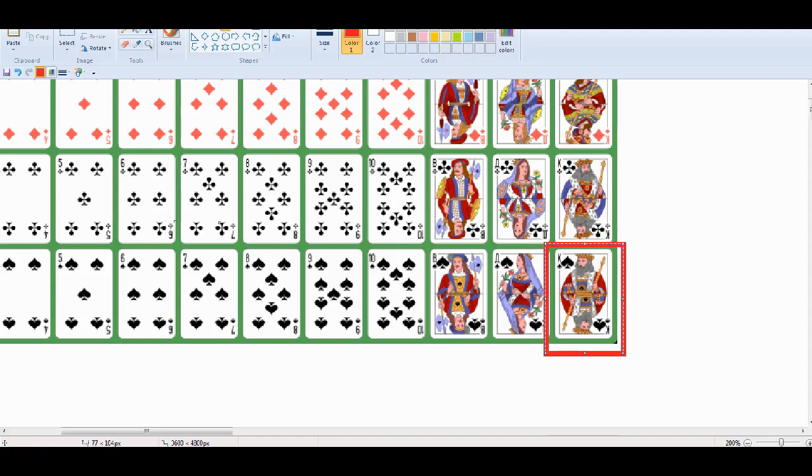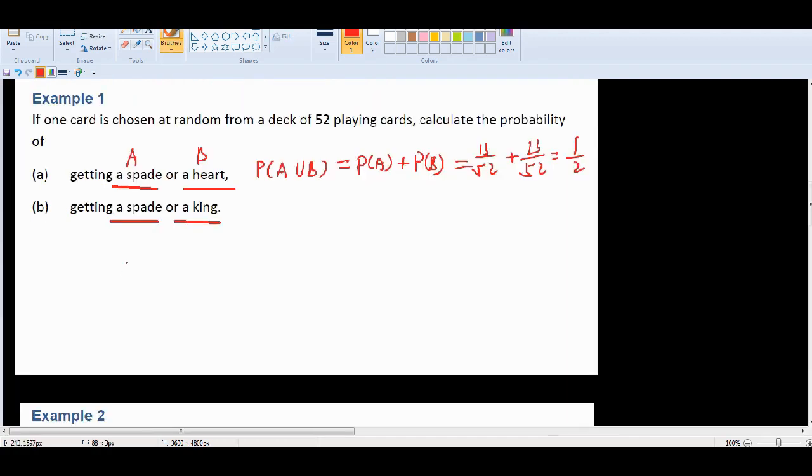Alright, okay, so that means this is not a mutually exclusive event because you can be both a spade and a king. Alright, so for this one, I set this as event A, this as event B, then I'm going to find the union because they ask getting a spade or a king.